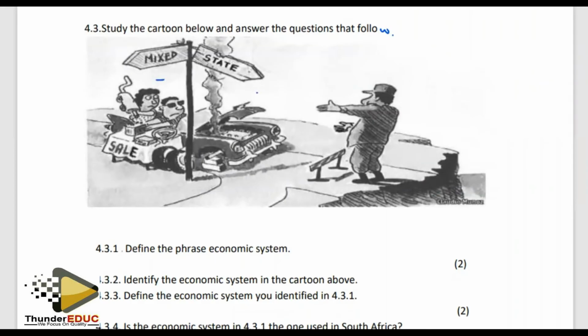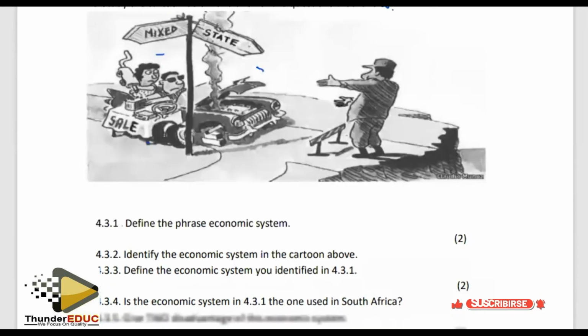There is the state, pointing here, you can see. There are people selling here. Wow, look at this. Let's look at the questions as we observe the cartoon.